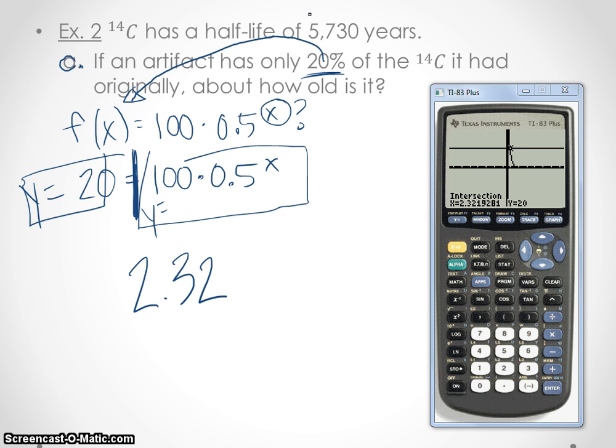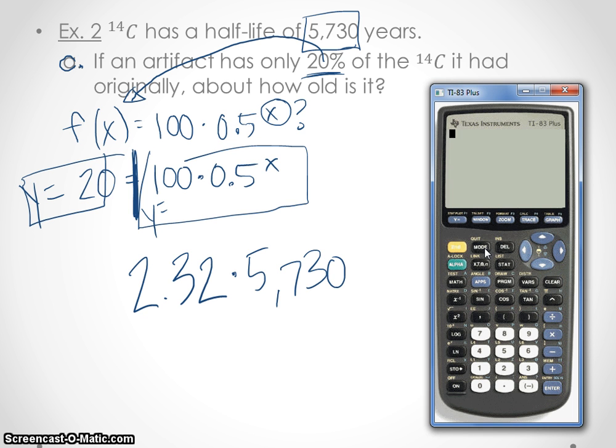That, remember, was in increments of 5,730. So we're going to take that number and multiply it by 5,730 in order to figure out the actual amount of years. This just says, take 2.32 of that many years. So let's go ahead and do that. Quit and do 2.32 times our increment of 5,730 and hit enter.